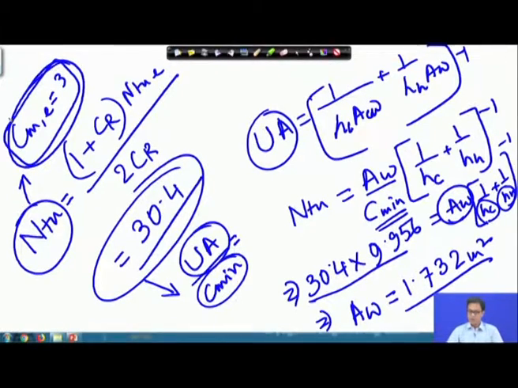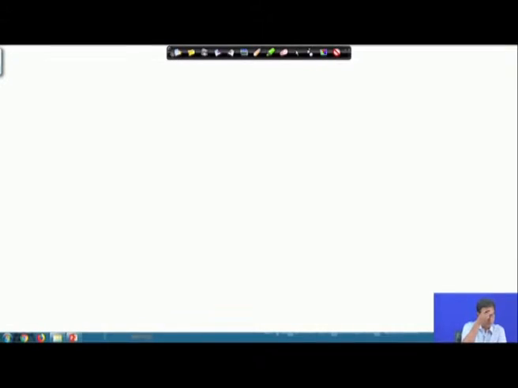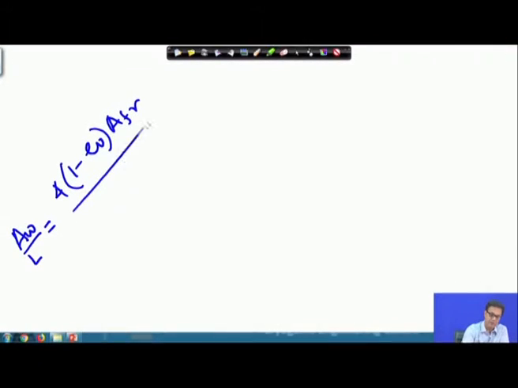Now once we know the area, we would be able to calculate the length. AW by L is 4 into 1 minus EV multiplied by the frontal area divided by dW, the wire diameter.